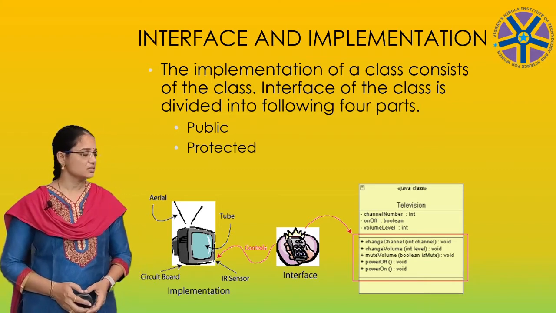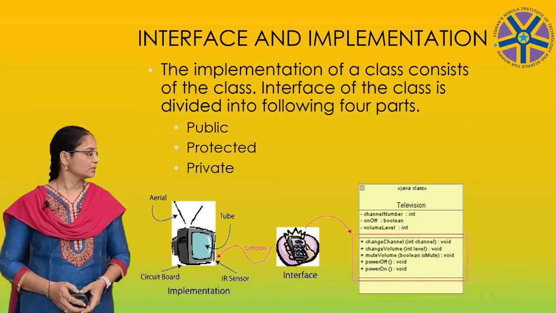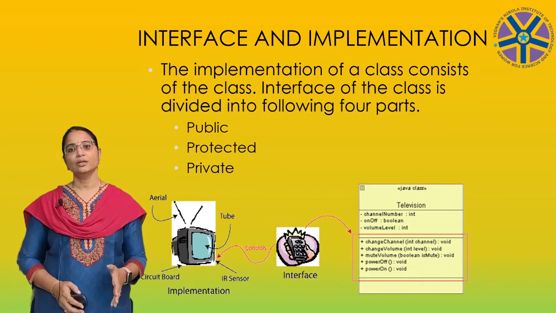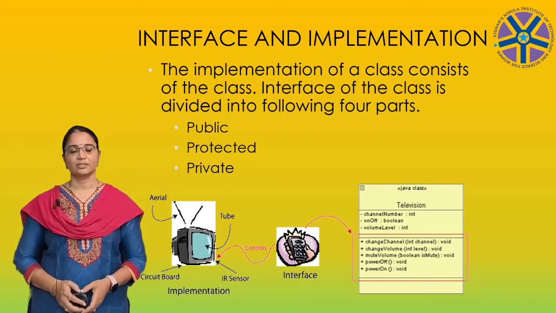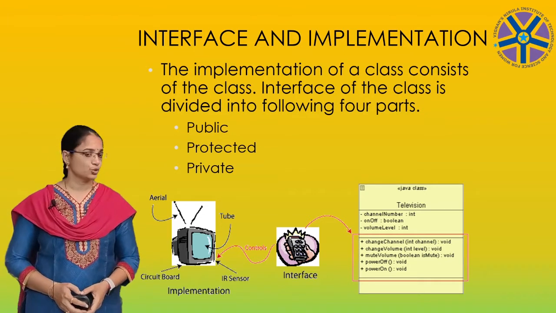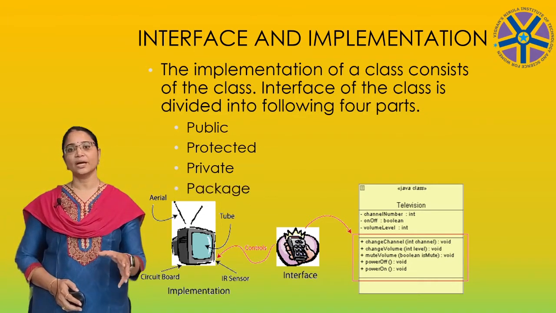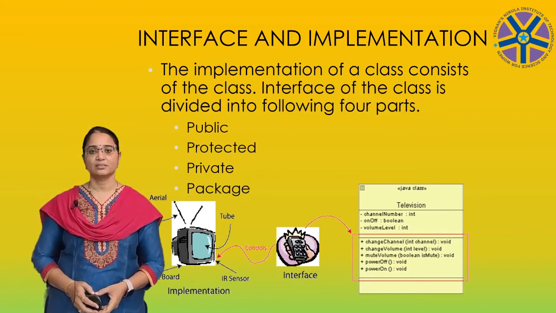Then that is known as protected. Coming to the next one, private: a declaration that is accessible only to the class itself. Then that is known as private. Coming to the next one, package: a declaration that is accessible only by the classes in the same package. Then that is known as package.